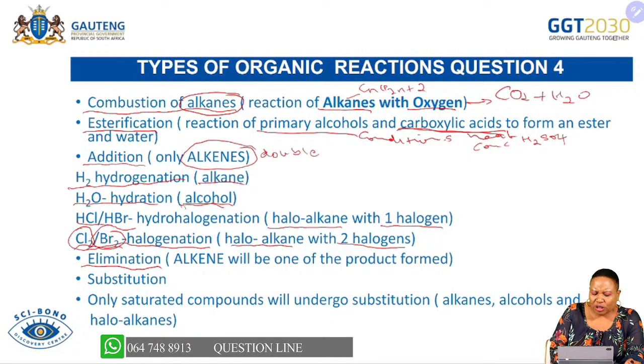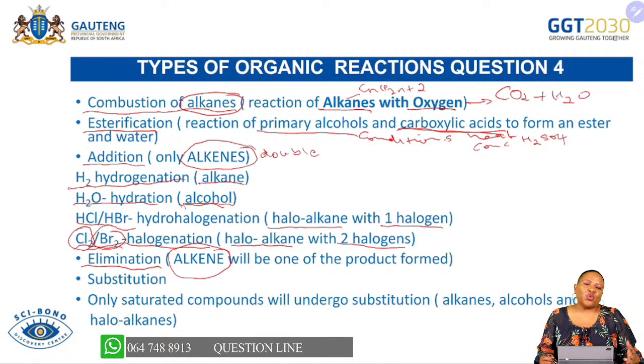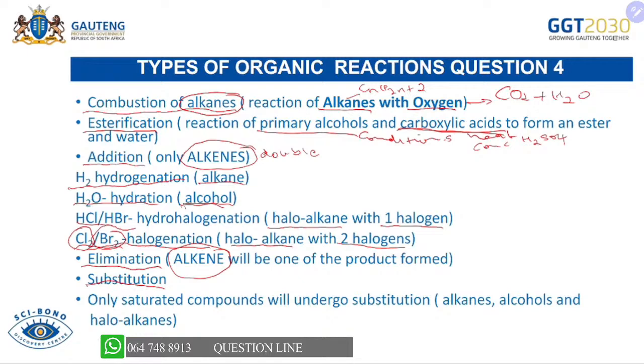Then we also talked about elimination reactions. We said an alkene must be one of the products of your elimination reaction, because during elimination we are moving from saturated to unsaturated, which is the strategy that we discussed and that I'm just going to talk about quickly. And then the last one is substitution reaction, and in this one we only look at saturated compounds, which are alkanes, alcohols, and haloalkanes.